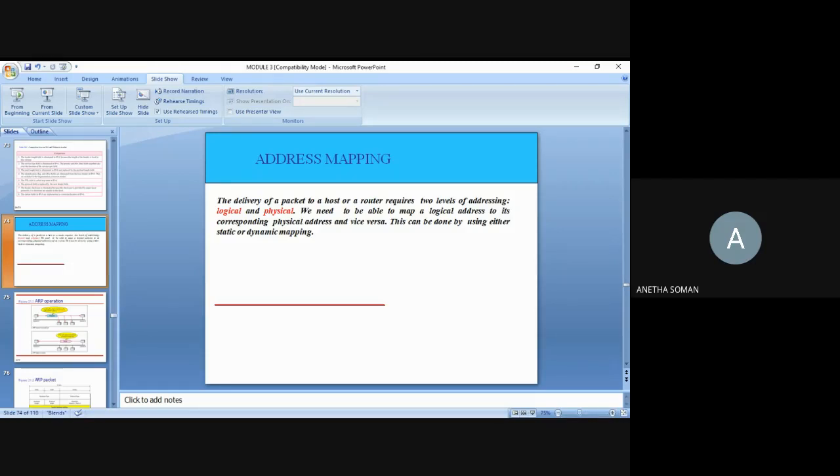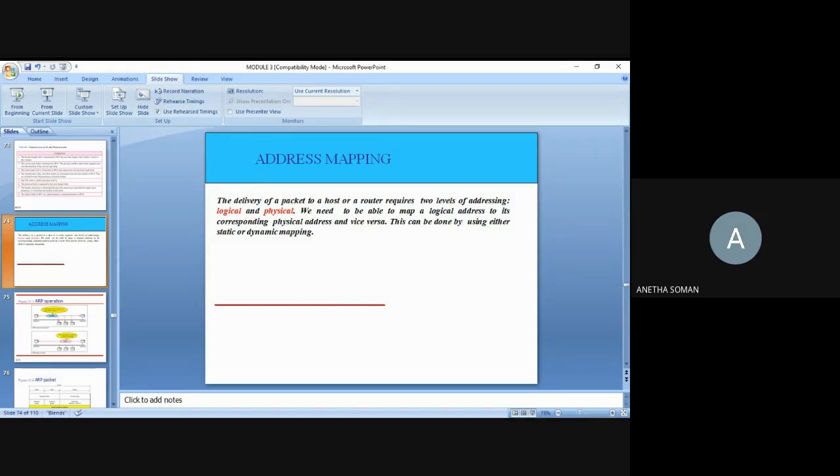If you want to send the data, the source must know the physical address of the receiver, or the Ethernet address, or the MAC address of the receiver. I have given three names: the Ethernet address, the physical address, and the MAC address. All three remain the same.